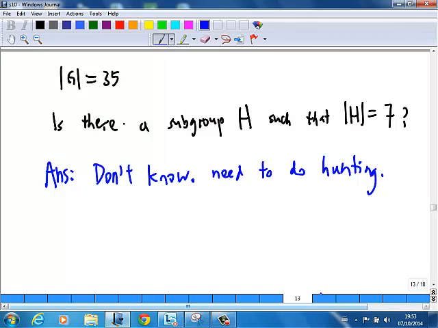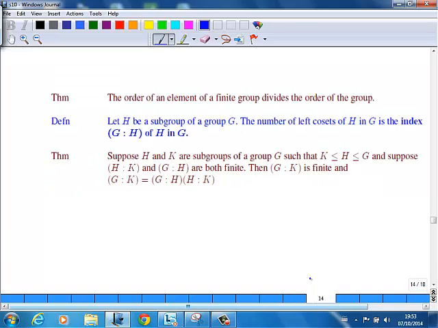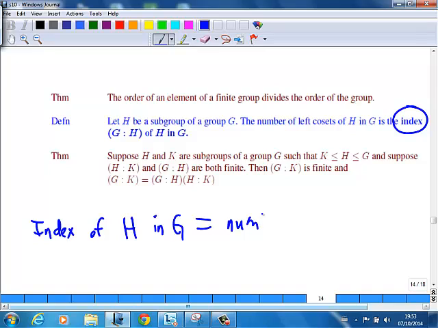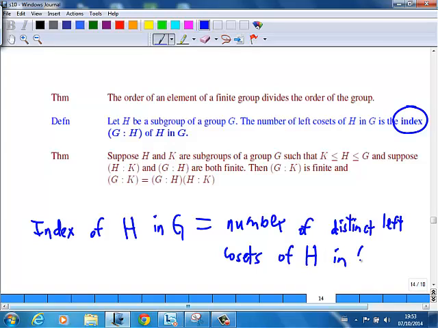I want to introduce another term called the index of a subgroup. The index of a subgroup is the number of distinct left cosets of H in G. So how many cosets are there?